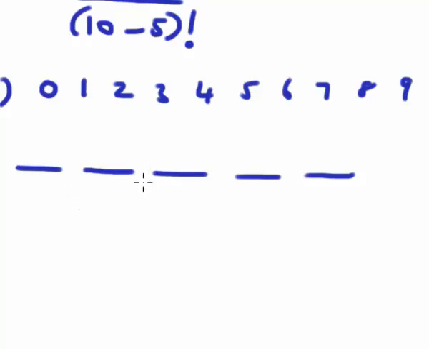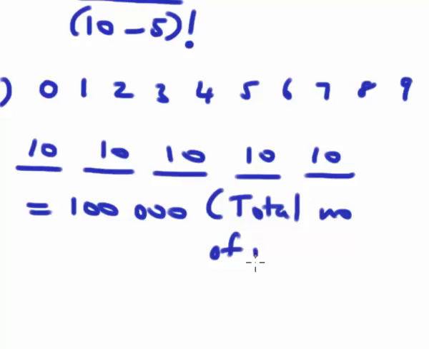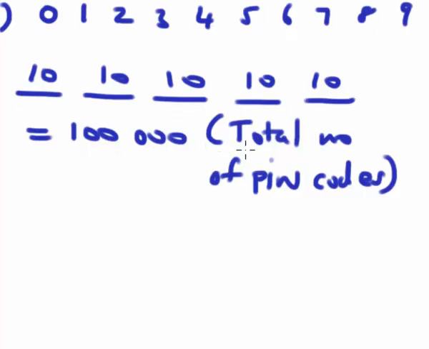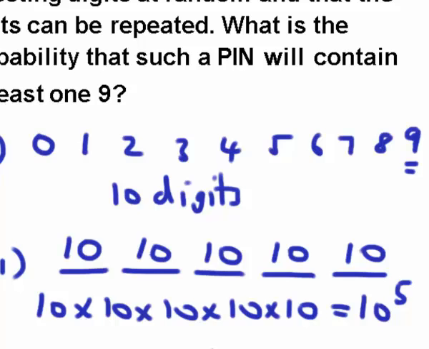What we'd be very interested in is, first, the total number of codes. 10, 10, 10, 10, 10, which of course when we worked that out was 100,000. So that's the total number of possible PIN codes. Now we want a code that's going to contain at least one 9.